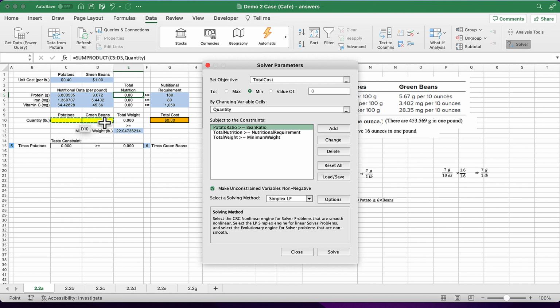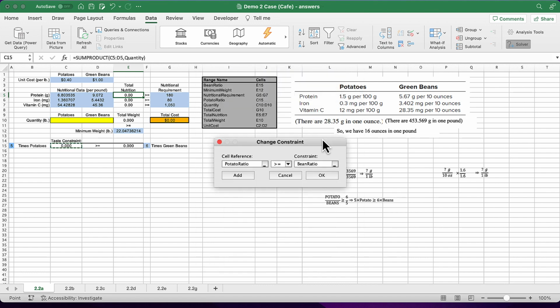And then you have the few constraints that you have to satisfy. For the first constraint, let me again just show you exactly where they are being mapped in the spreadsheet. So let's look at the first one. In this case, we're looking at the taste constraint.